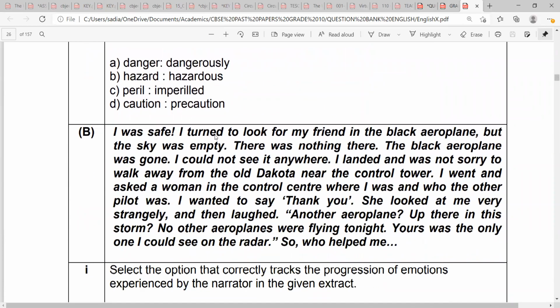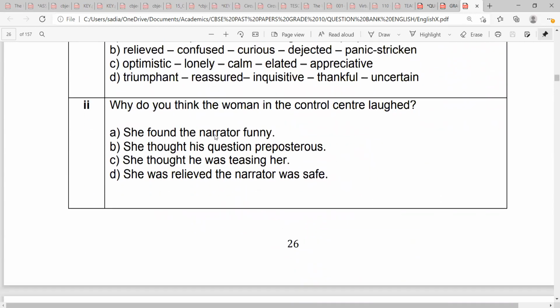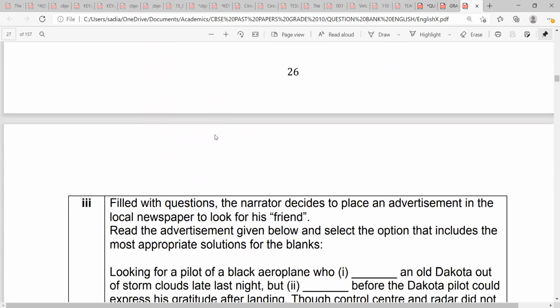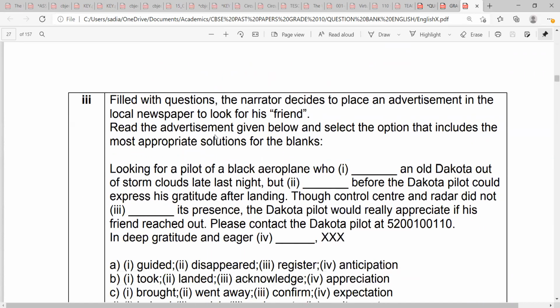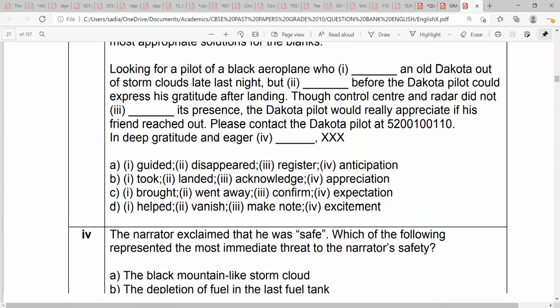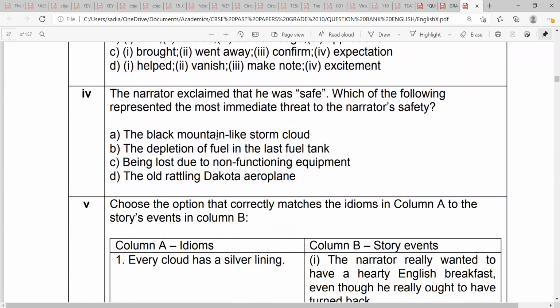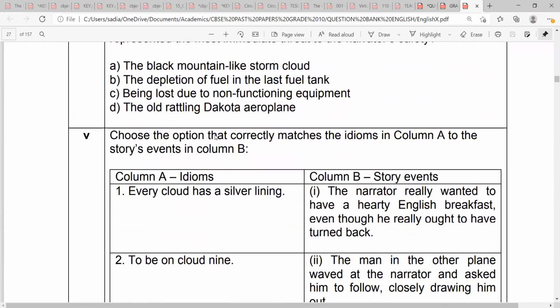Read the text, attempt the question. Next is a cloze with options A, B, C, and D at the bottom. Next question 4, question 5.